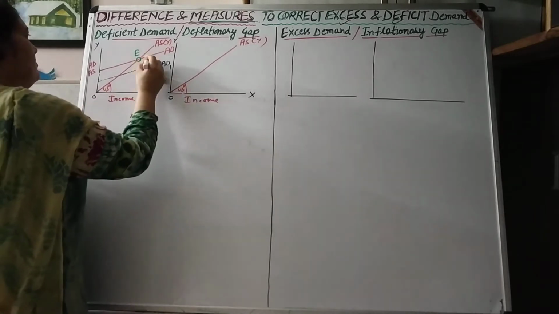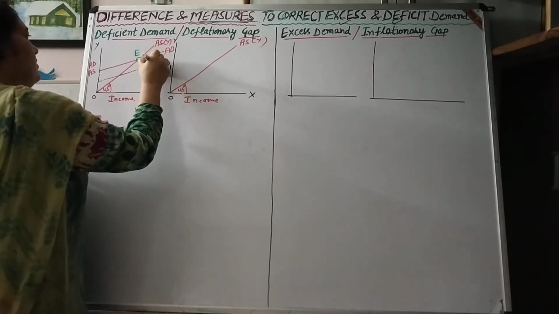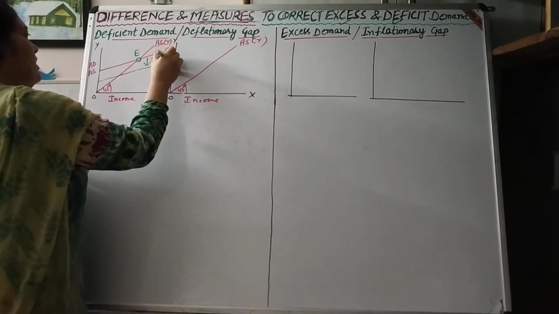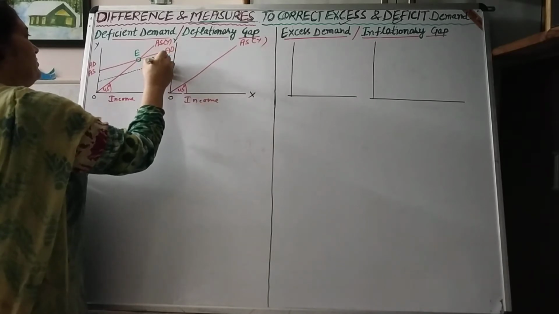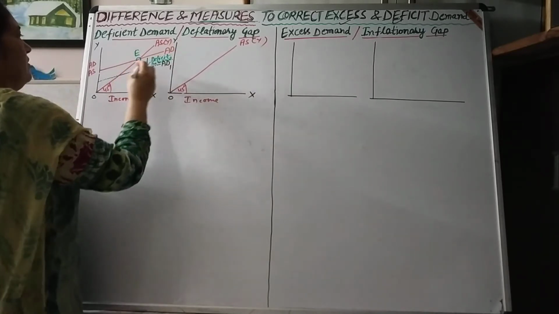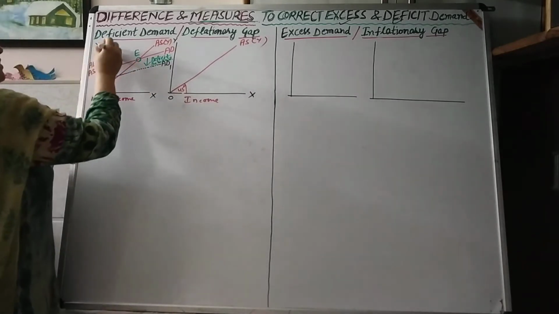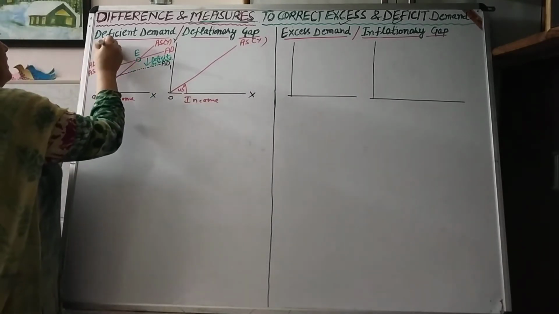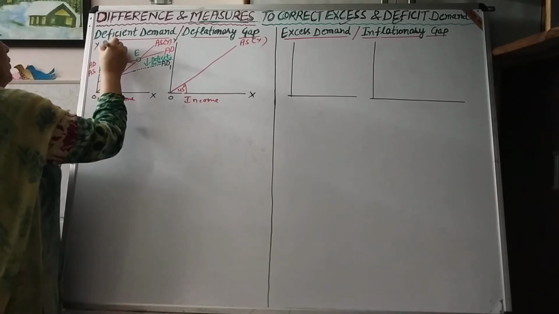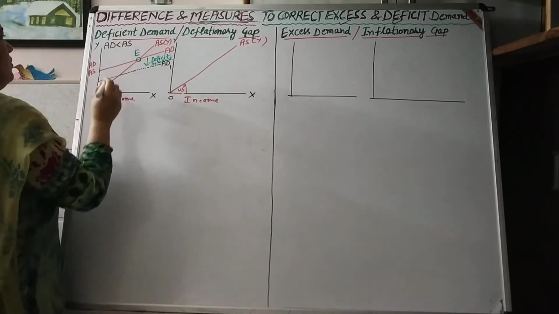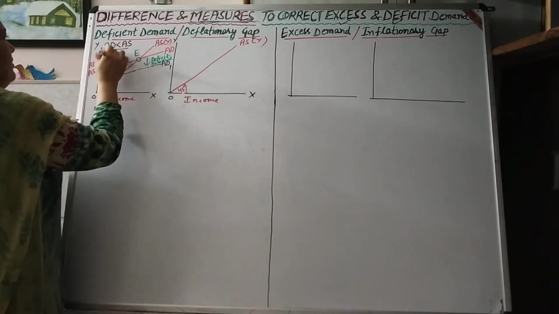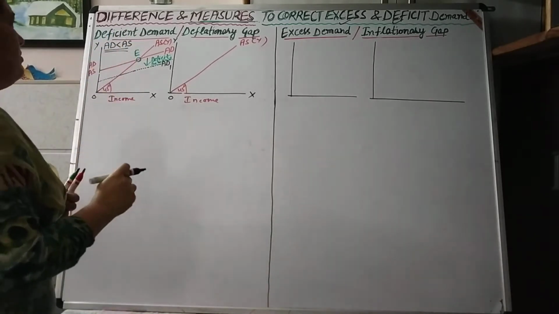This indicates deficient demand. So, deficient demand means when aggregate demand falls short of aggregate supply corresponding to full employment level. This is a situation of deficient demand.